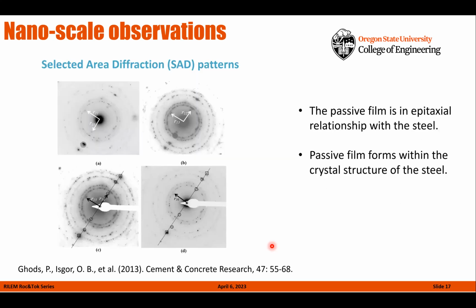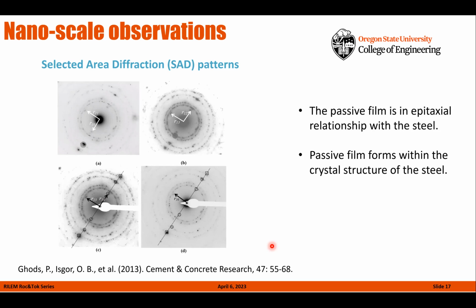And if you look at the selected area diffraction patterns, you would note that the passive film that forms on the steel surface has an epitaxial relationship with the substrate, which is the steel base plate. That implies that the film that's forming has the same crystal structure as the substrate. In a way, the film is forming within the crystal structure of the substrate.